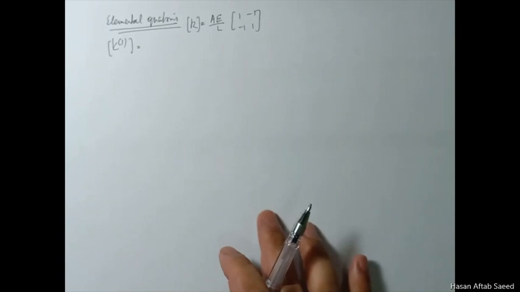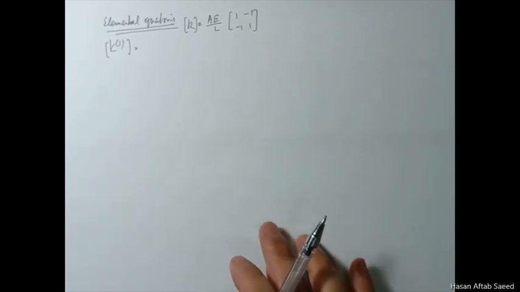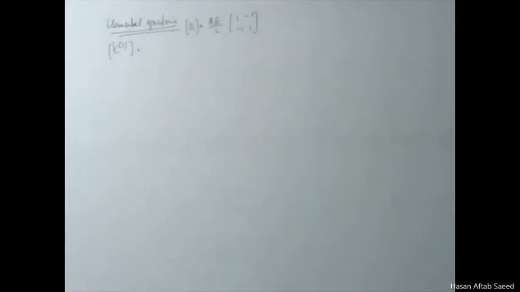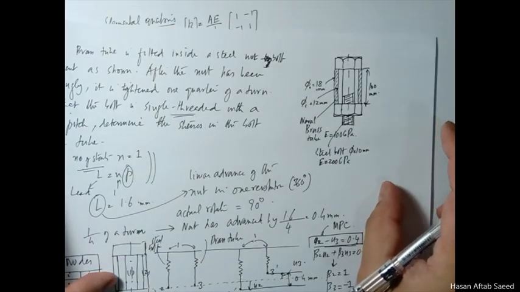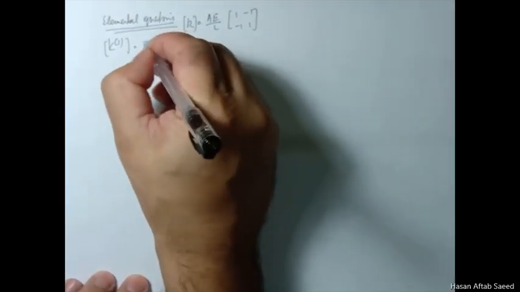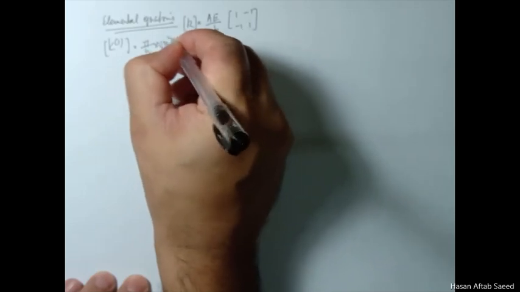So you have all the information now. AE over L, diameter 10 millimeter is there, so nothing difficult about it. A is pi by 4 into 10 square.